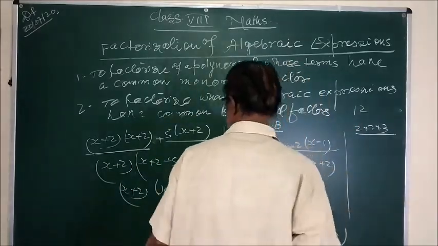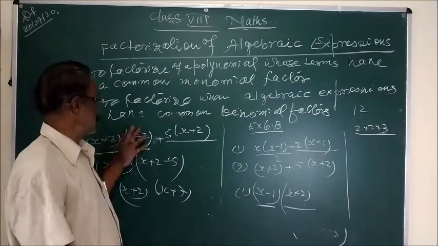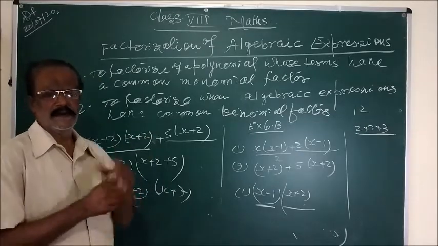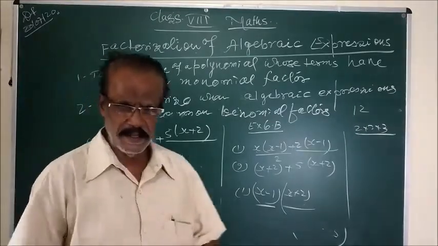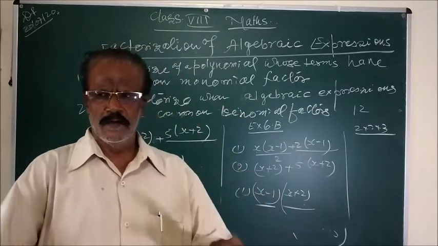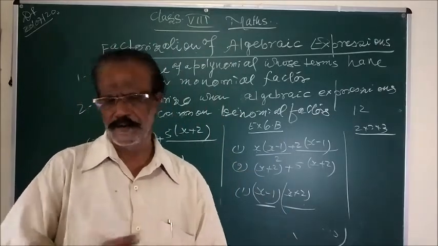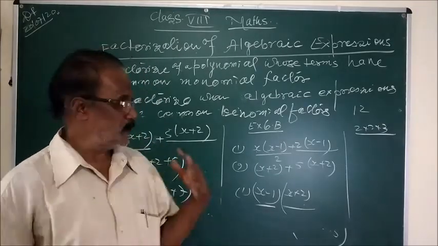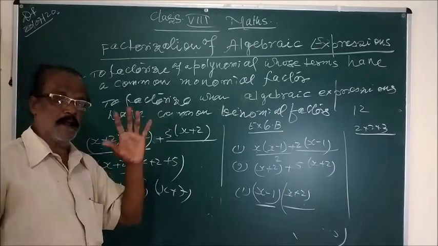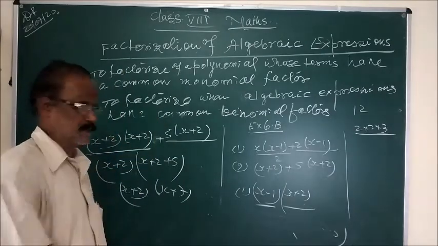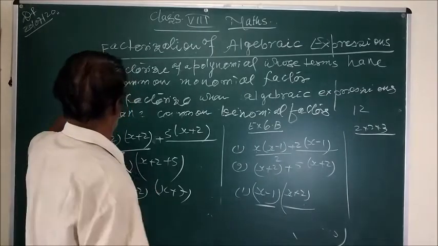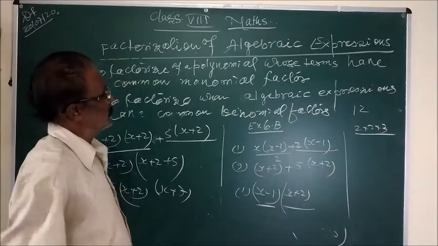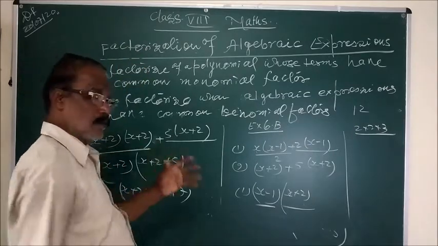Similarly, in algebra also, if polynomials are given and you have to factorize, this means you have to write in the form of a product. Product and factorization are opposite to each other. In factorization, we write the given polynomial in the form of a product. I have already explained how you can factorize a polynomial whose terms have a common monomial factor.